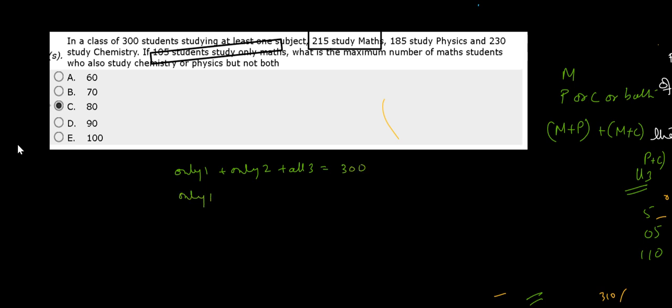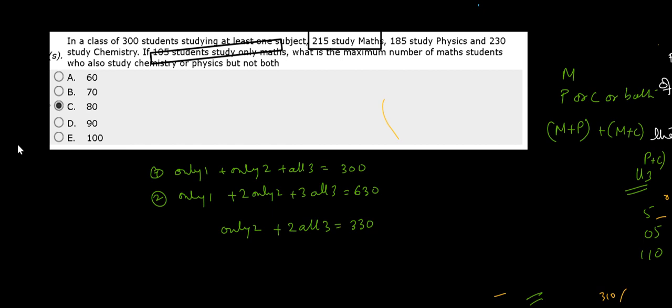Only one plus twice only two plus thrice all three is equal to 630. And I subtracted the first one from the second one. So I got only two plus twice all three is equal to 330, right? This is what I had done earlier.